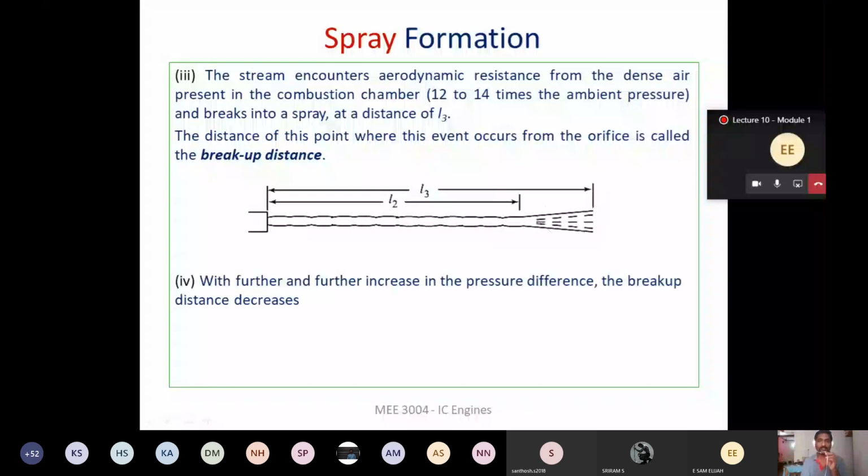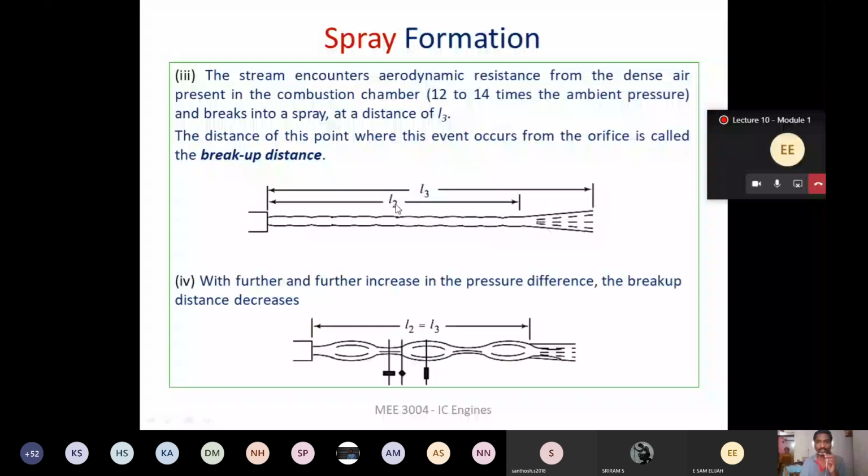Okay. So with further increase in the pressure, in the next stage this L3 distance will get reduced and it will come to L2, right? So if you see in this diagram, earlier it was up to this, now the breakup distance reduces, right? In the next phase of the spray pattern, you will see the breakup distance reduce.